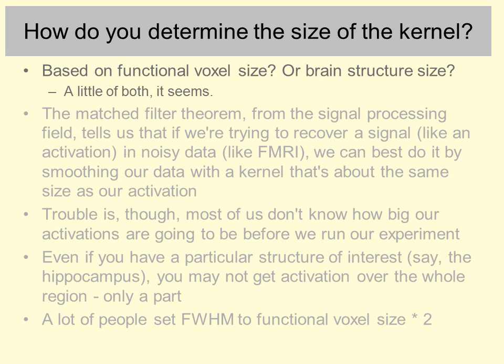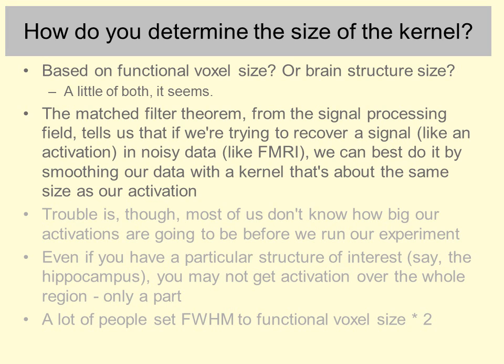Another way to think about the smoothing kernel is to think about the brain structure size that you're interested in looking at. Obviously both considerations are actually important. Now, I mentioned the matched filter theorem earlier, which is from the signal processing field, and that tells us that if we're trying to recover a signal like a brain activation in noisy data, and fMRI data is noisy, we can best recover that signal by smoothing the data with a kernel that's about the same size as the activation of interest.